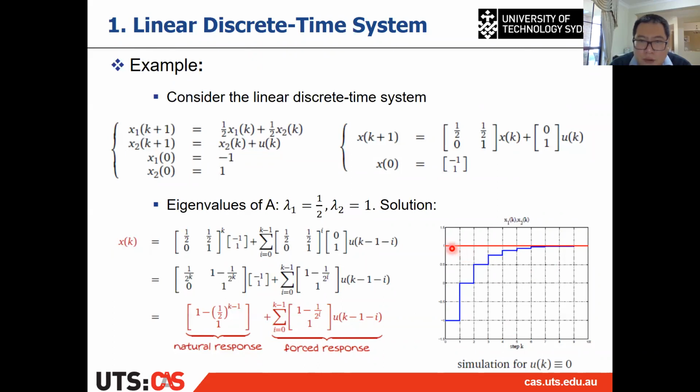So suppose we give a constant input as 1, then the change of the state will be something like the line in blue. All right, and the eigenvalues of A in this case are 0.5 and 1. Keep these questions, and then we will show you the criteria about the stability later.